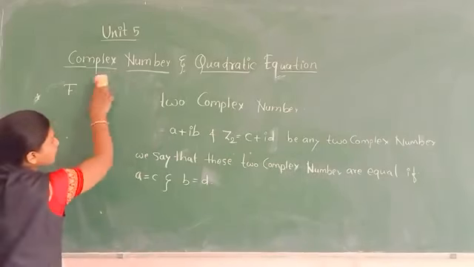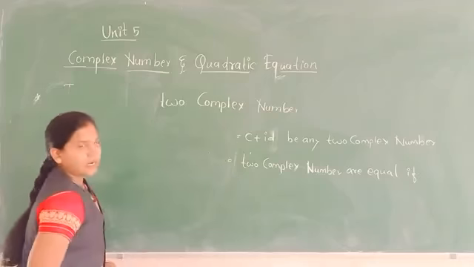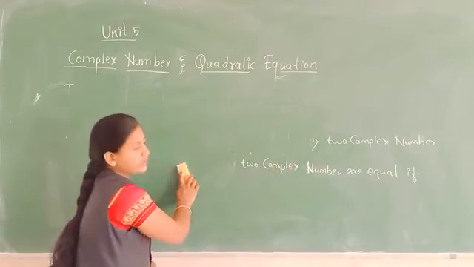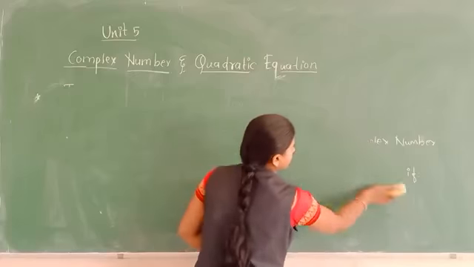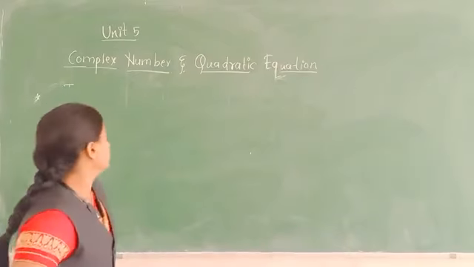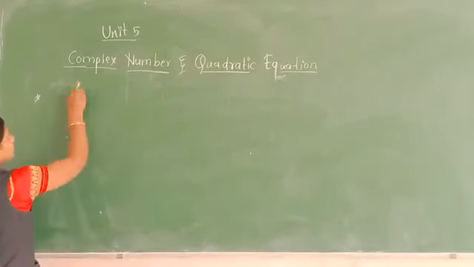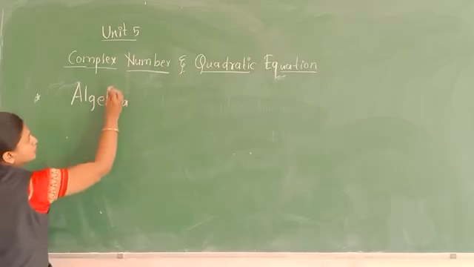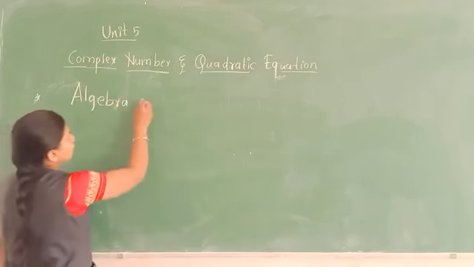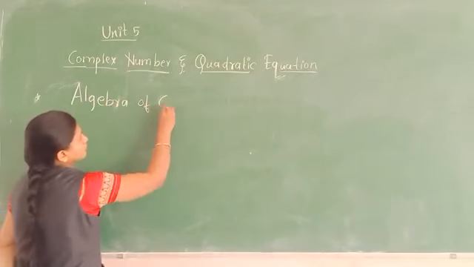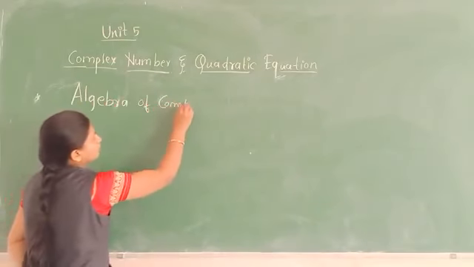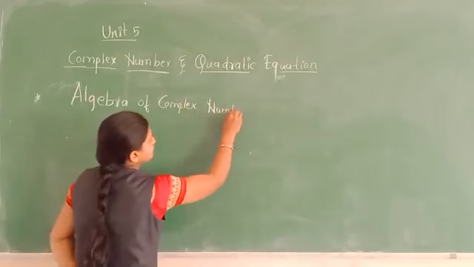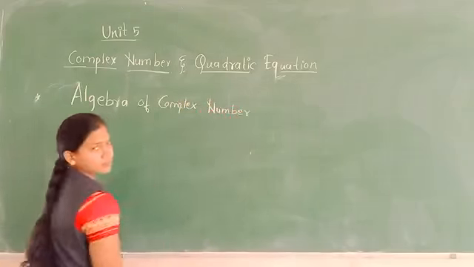That is the addition of two complex numbers, multiplication of two complex numbers, subtraction of two complex numbers, and division of two complex numbers. Algebra of complex numbers.